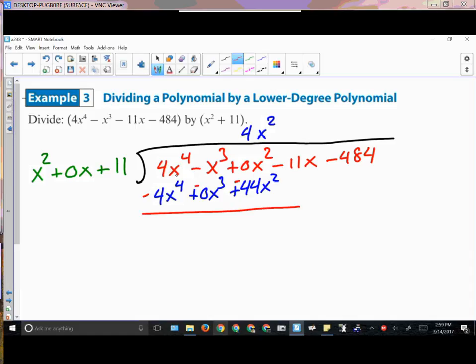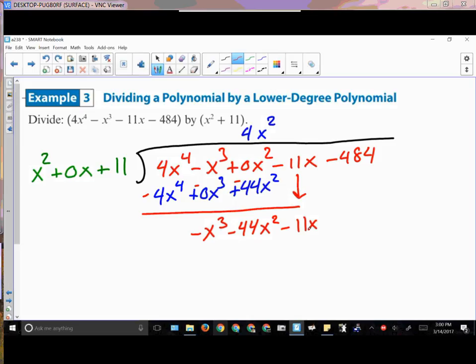So 4x to the fourth minus 4x to the fourth disappears. Negative x cubed minus 0x cubed, well, I have a negative x cubed. Over here, I will have negative 44x squared. Over here, I will be bringing this one down to minus 11x. So, repeat the process.